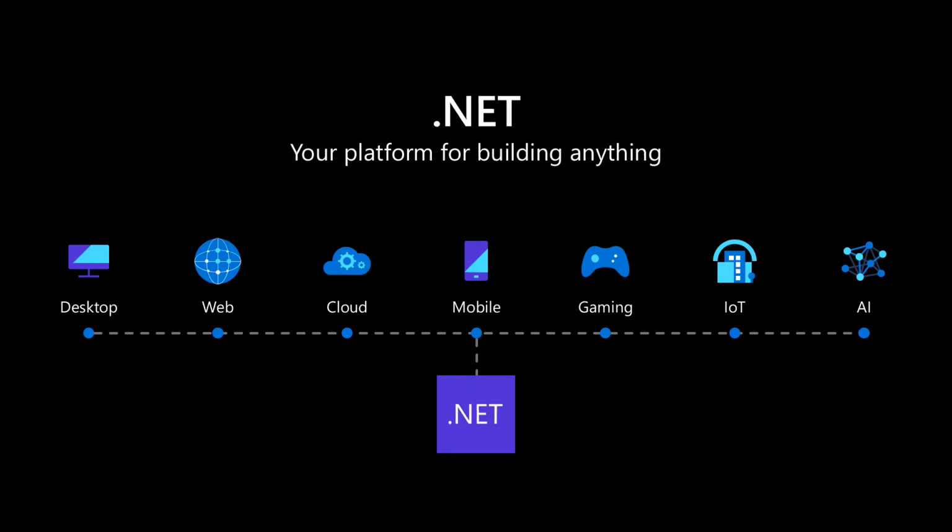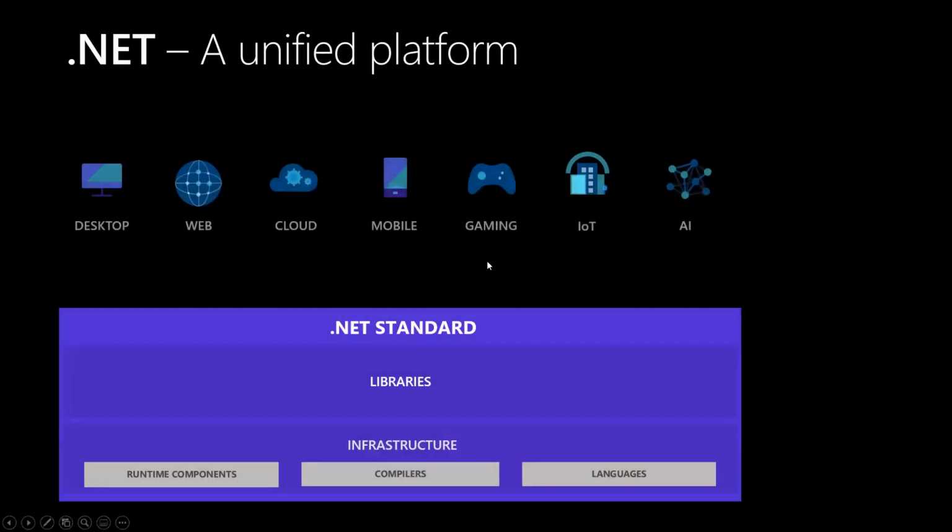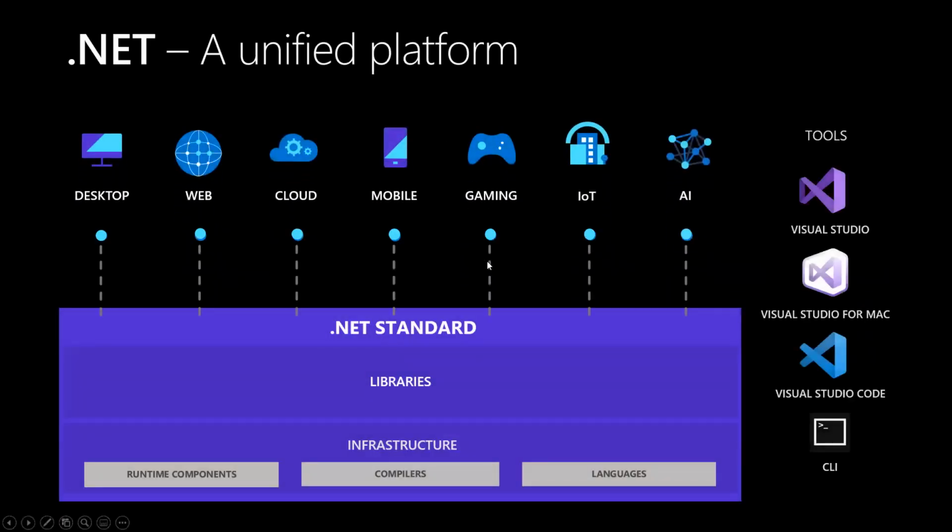And .NET is really trying to get to this point where you can build anything from the same core: the same libraries, the same infrastructure when it comes to compilers and languages, whether that's C# or F#, and the same tools. And this has been a long journey. You might remember .NET Framework evolving to .NET Core, and .NET Core and .NET Standard being two separate things, and the whole story.